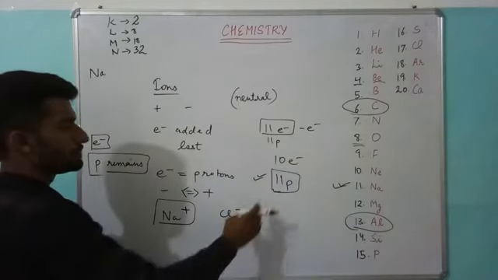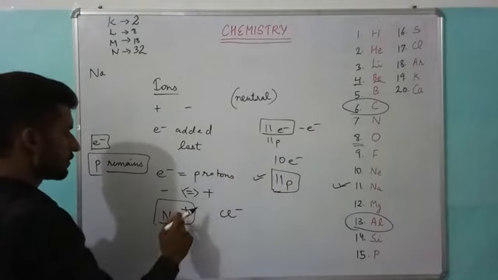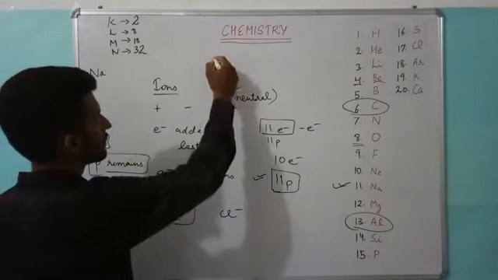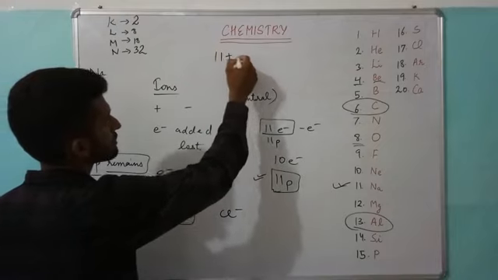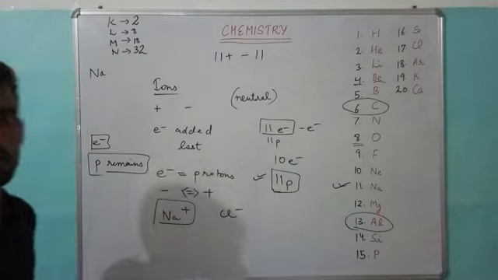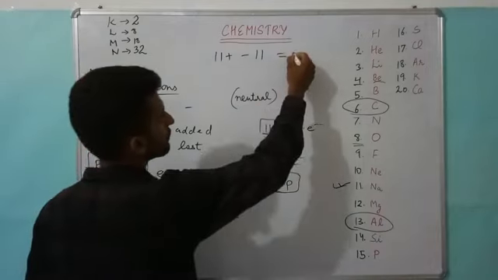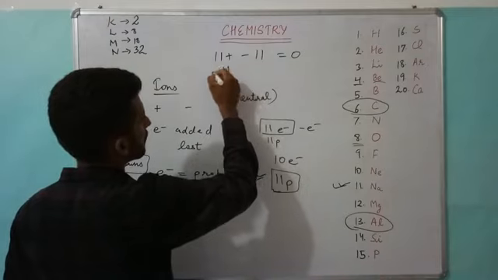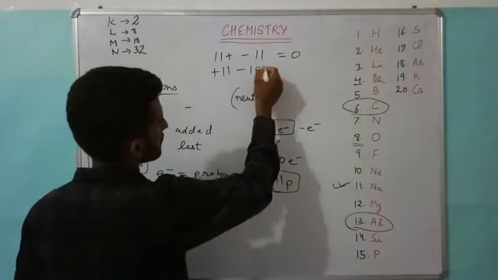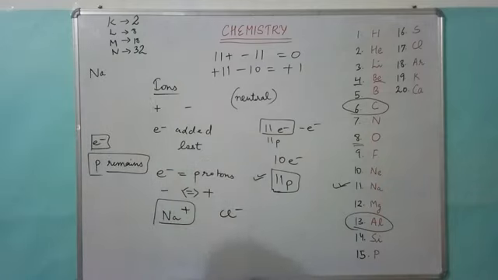So here 11 protons but 10 electrons, giving one extra positive. You can also say plus 11 minus 11 is equal to 0, but plus 11 minus 10 is equal to plus 1. So that is plus 1 in the case of the sodium atom.